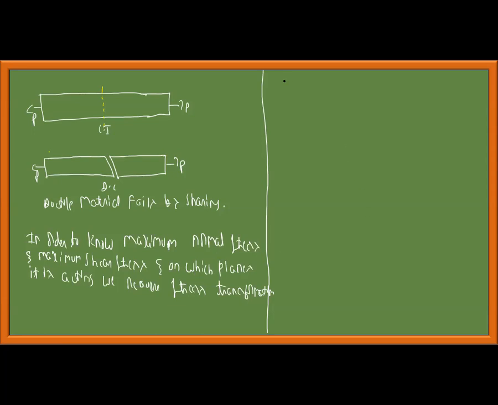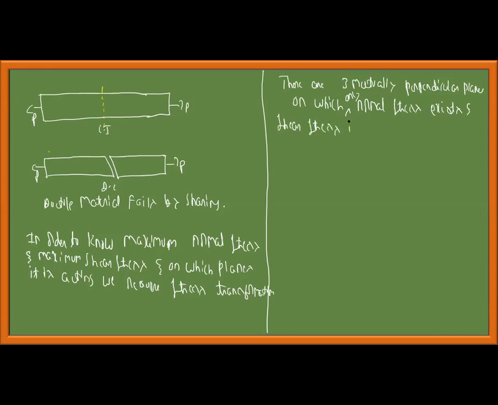Now there are three mutually perpendicular planes on which, if I do the transformation at that point, we'll get three mutually perpendicular planes on which normal stress is maximum, on which only normal stress exists and shear stress is zero, called as principal planes.